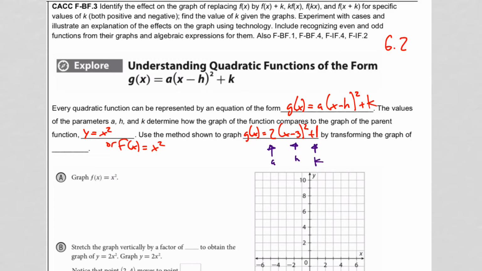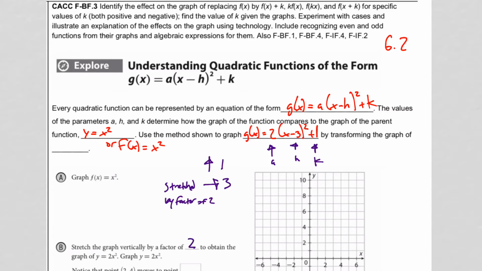So I know for certain this graph compared to its parent is going to move up 1, to the right 3, stretched by a factor of 2.